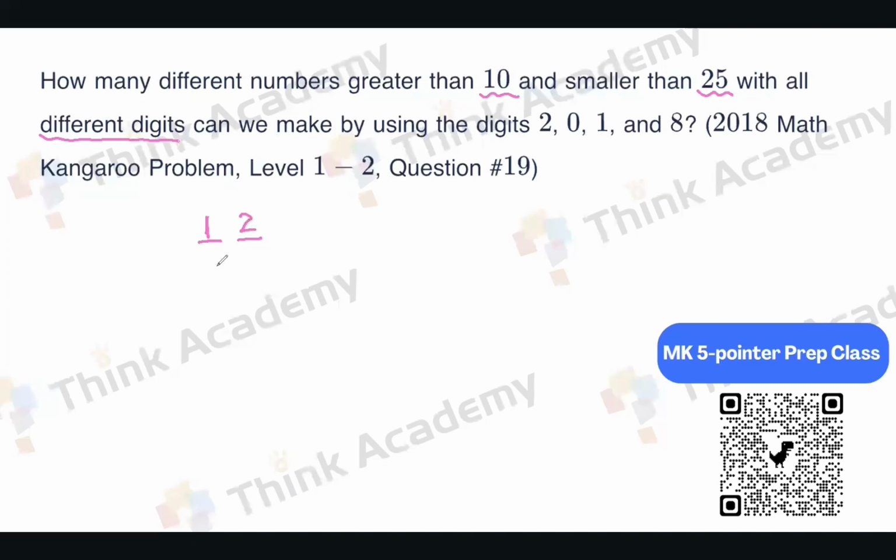So we can have 12. Anything else starting with digit 1? Yes, we can do 18. And do we have any other options still starting from the 1? No. So what should we do? Change to the next digit, right? We can do number 2. And if it's 2, what will be the smallest number we have here for the 1st digit? 0.